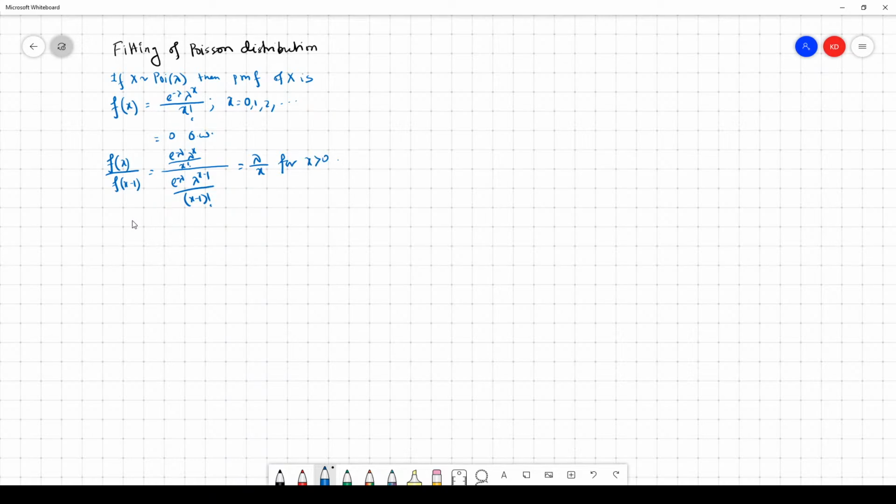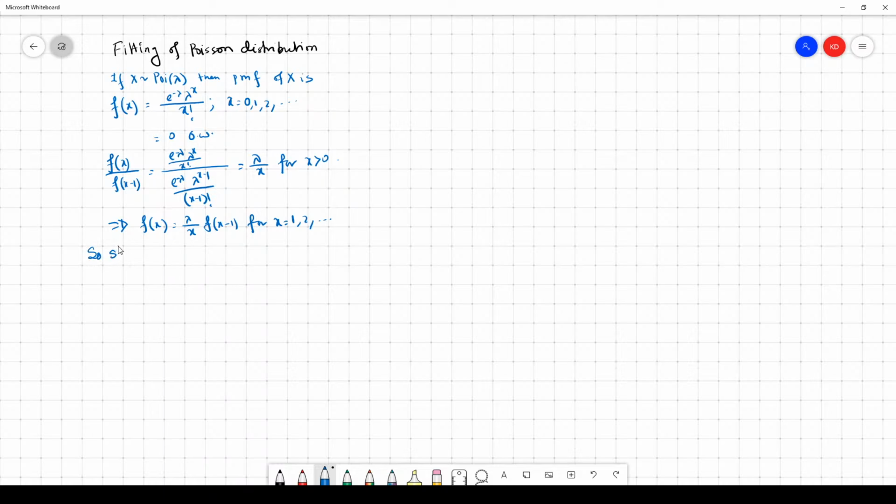So this implies f(x) equals lambda by x times f(x minus 1) for x equal to 1 to infinity. Okay. Why x equal to 1 to infinity? Because if you take x equal to 0, then this relation doesn't hold.